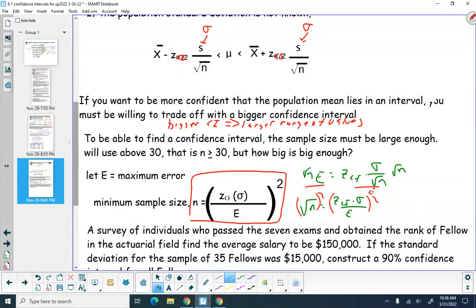A square term, this right here. A common mistake is forgetting the square term. And if you get 37.3 people, okay, we'll round that up to 38.